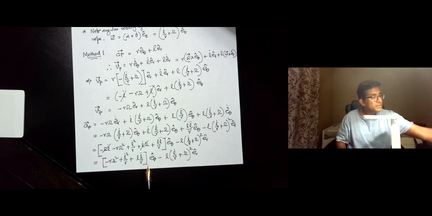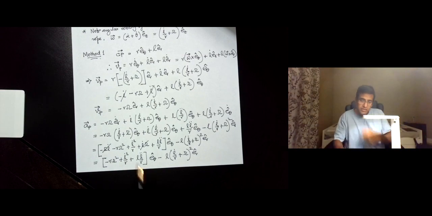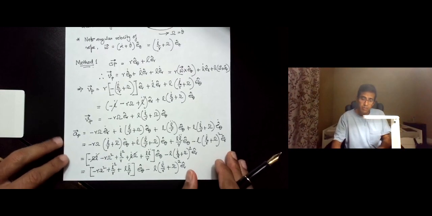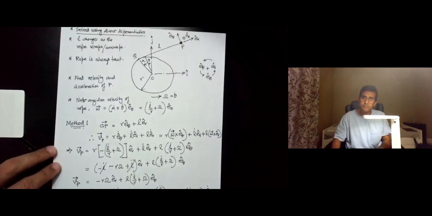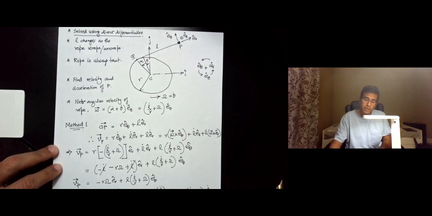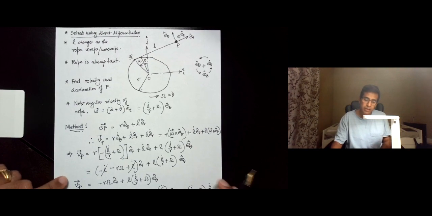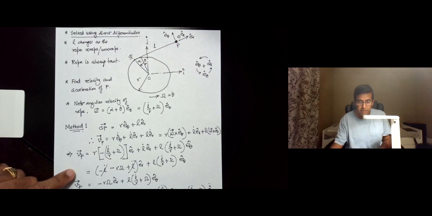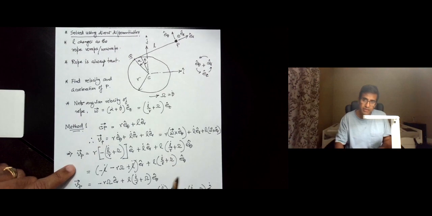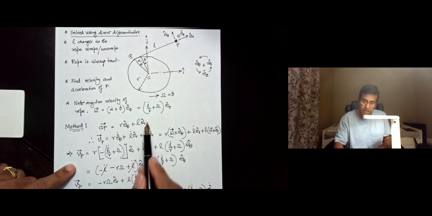So we have the right expression of the acceleration. So this is method 1, where starting with the problem definition, we decided to do the direct differentiation, but it was a little different from the traditional approach, where we express the position in Cartesian coordinates and then differentiate. Rather, we still expressed the absolute position of the particle P, but using the rotating frame Er and E theta.